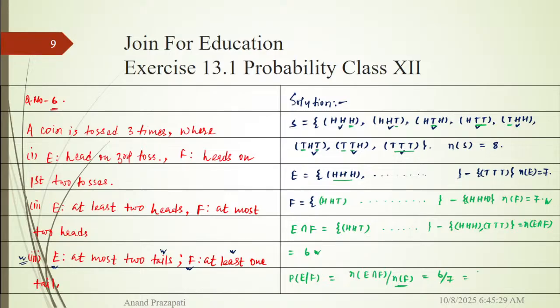So answer will be 6 by 7. So hope that there is no problem to understand the third part of question number 6. So I have solved first part of question number 6, second part of question number 6, and third part of question number 6.